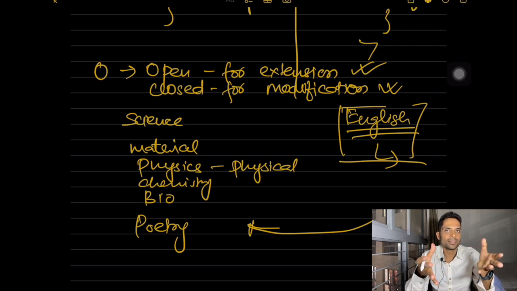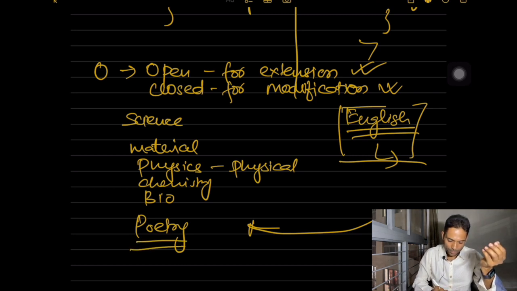That doesn't make sense, right? That's the modification of the core behavior. So we should have our classes in such a way that even if somebody wants to change the behavior of that class or the reason for its existence, that person should not be able to. It would be very absurd. That's closed for modification.